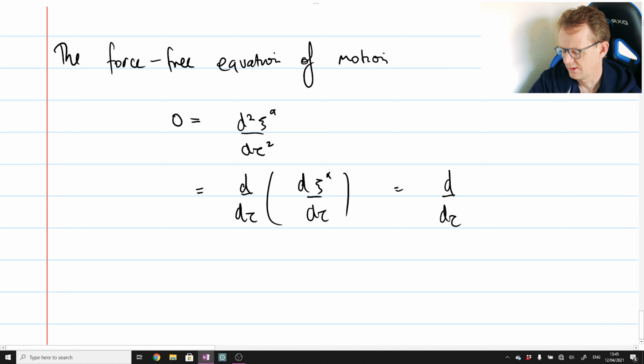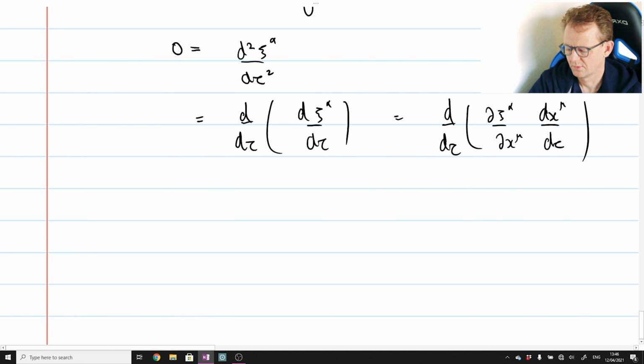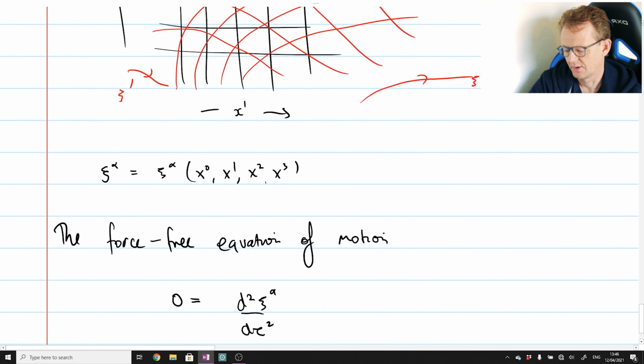But remember, we've got to do everything with respect to our new coordinate system. So we have to take this total derivative with respect to proper time and express it with respect to the coordinates x mu. Right, there we go. All I've done is taken this total derivative and written it in terms of all the partials with respect to the independent variables.